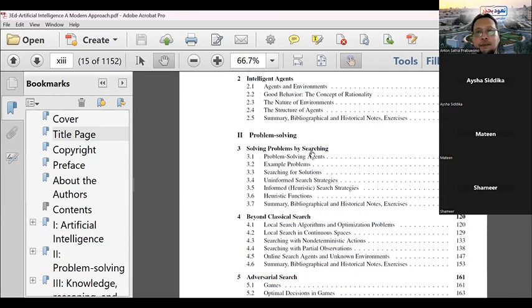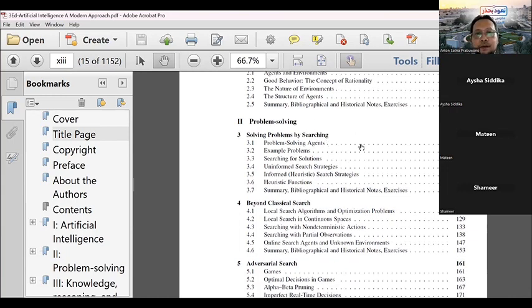In our side, today is the third lecture, about solving problems by searching. So we talk about the search agents, examples of the problems and some real applications and solutions, how to construct the solution for the given problems.